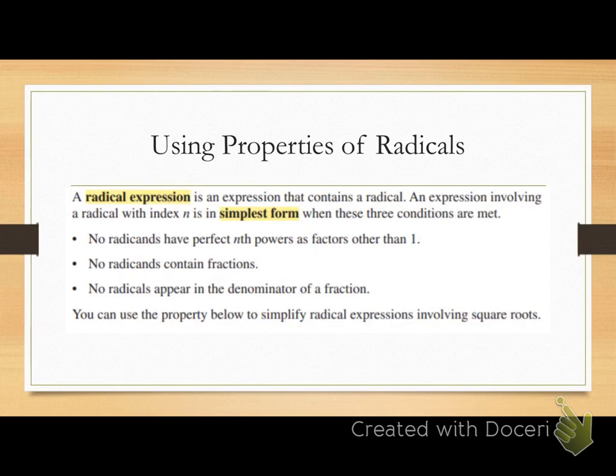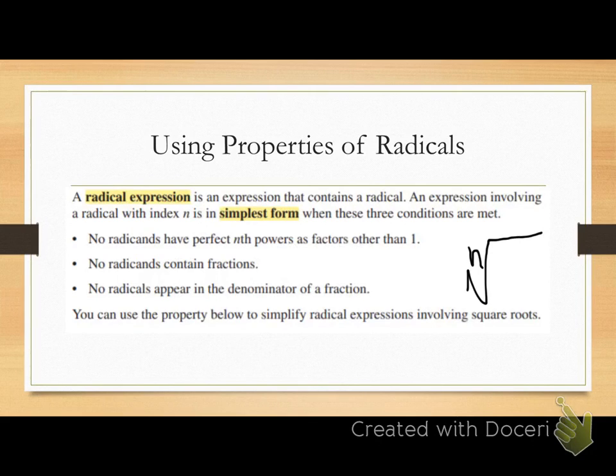So using properties of radicals, a radical expression is an expression that contains a radical. An expression involving a radical with index n is in simplest form when the following three conditions are met. What I mean by index is, if we have a radical, this little number right here is called the index.